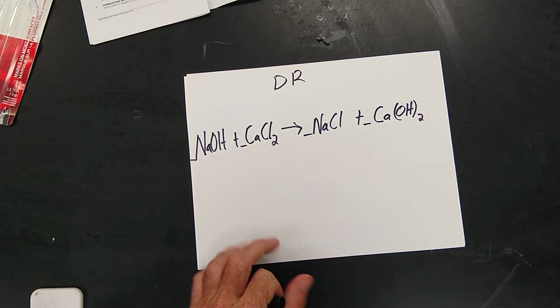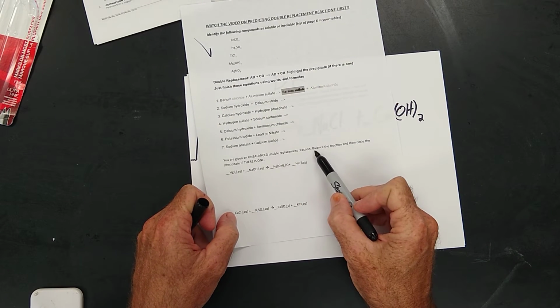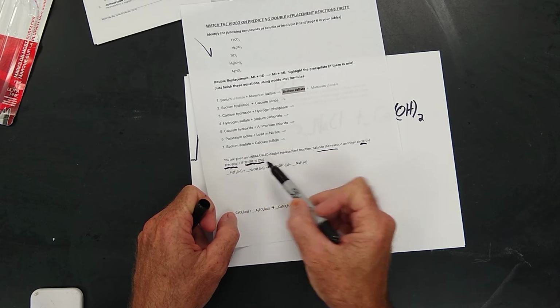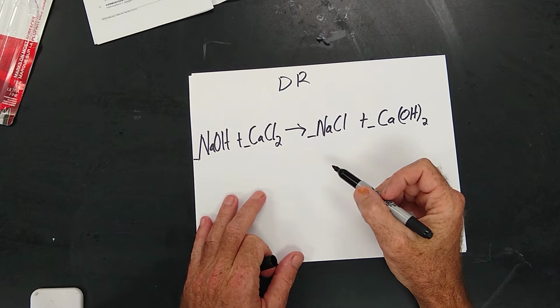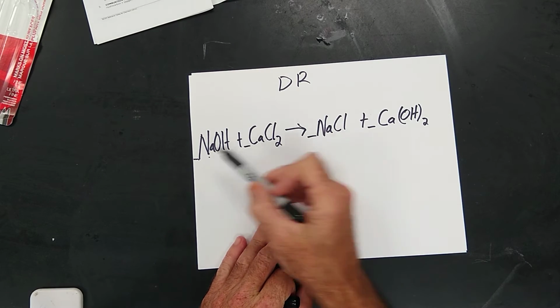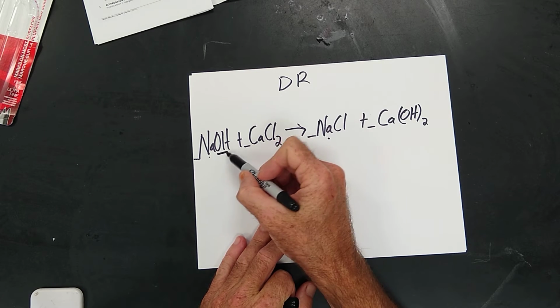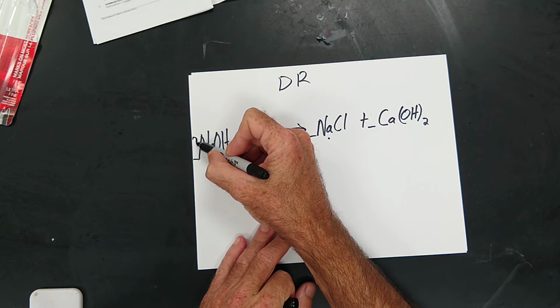The first thing you need to do in this next part of the worksheet is balance the reaction and then circle the precipitate if there is one. So we're going to balance this first. We've got 1 sodium and 1 sodium, so those look good. I've got hydroxide here, and oops, there's 2 OHs here, so I'm going to have to put a 2 here.